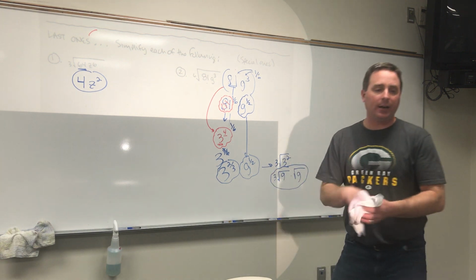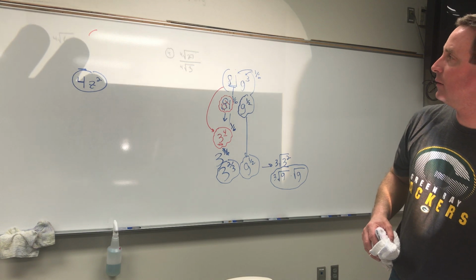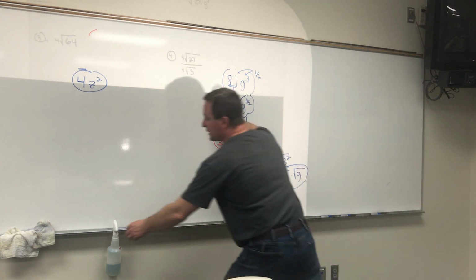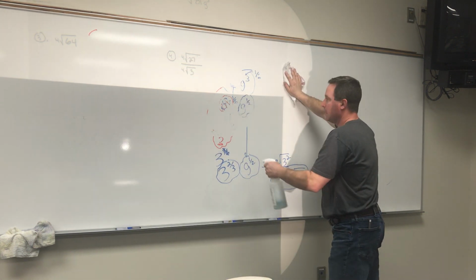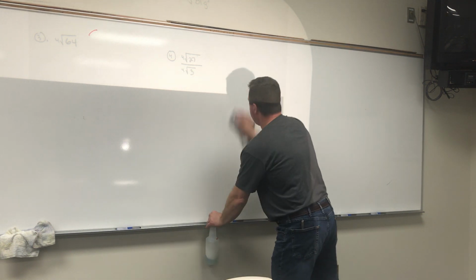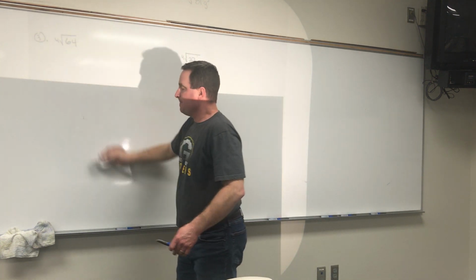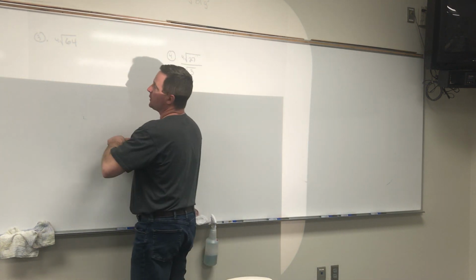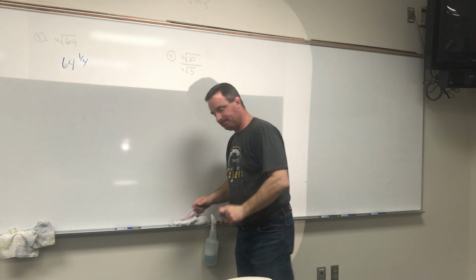Got another pair here. Let's scooch this up and try these. The 4th root of 64 is the first one over here. Now, if you look on that little half a piece of paper, 64 is not a perfect 4th. So first of all, I'm going to rewrite this as 64 to the 1/4 power.